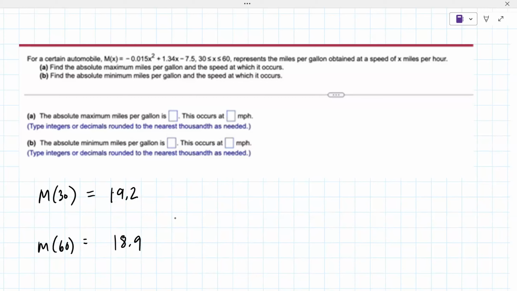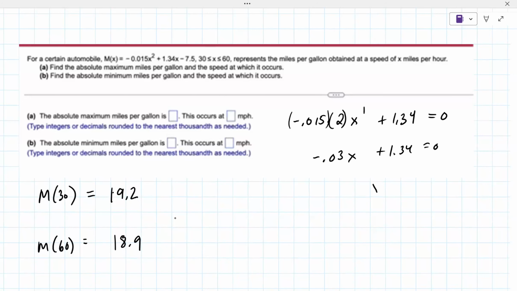Squared is 1.34x minus 7.5. Okay. Now we're going to take a derivative. So the derivative of the first one is negative 0.015 times 2x to the power of 1 plus 1.34. So let's multiply that together. So it's minus 0.03x plus 1.34 equals 0. And you solve for x, 1.34 over minus 0.03.